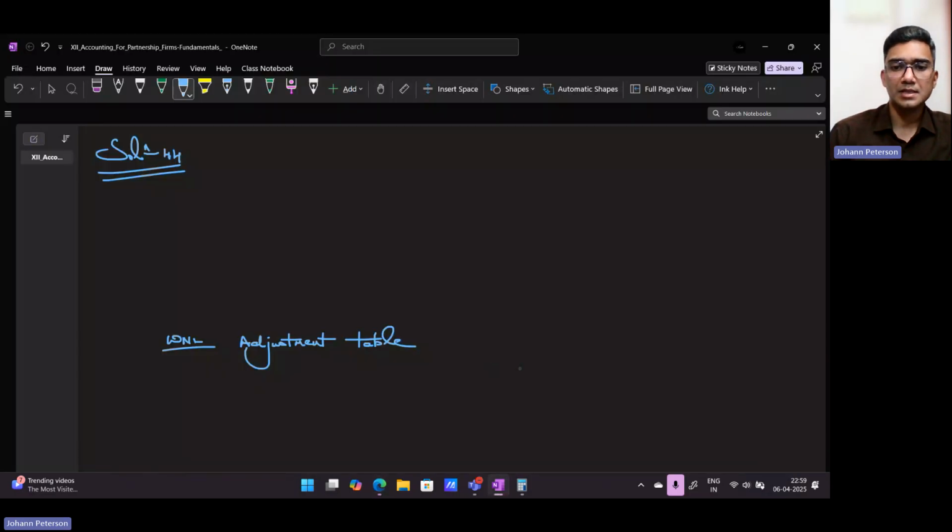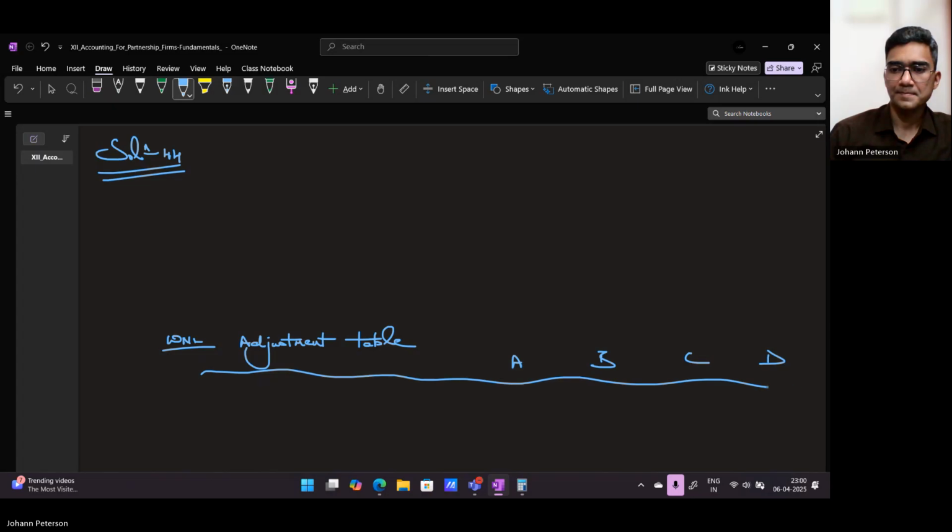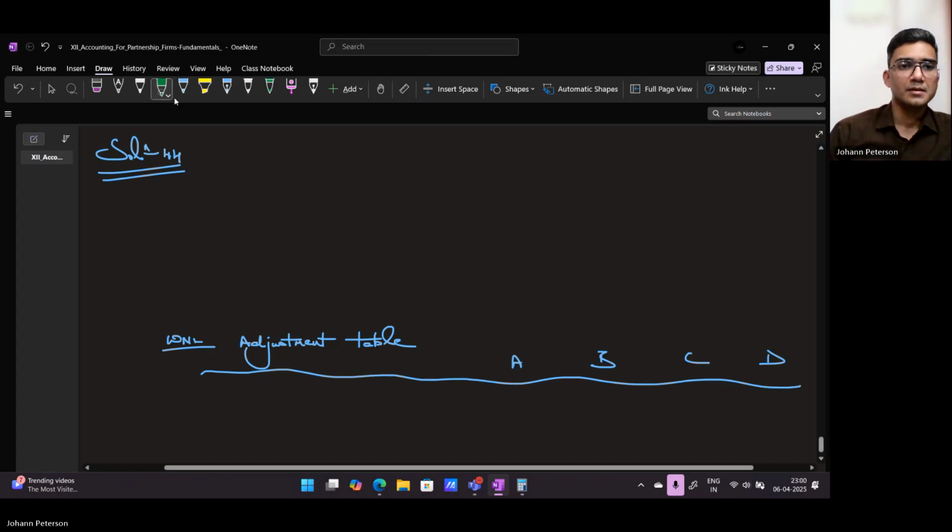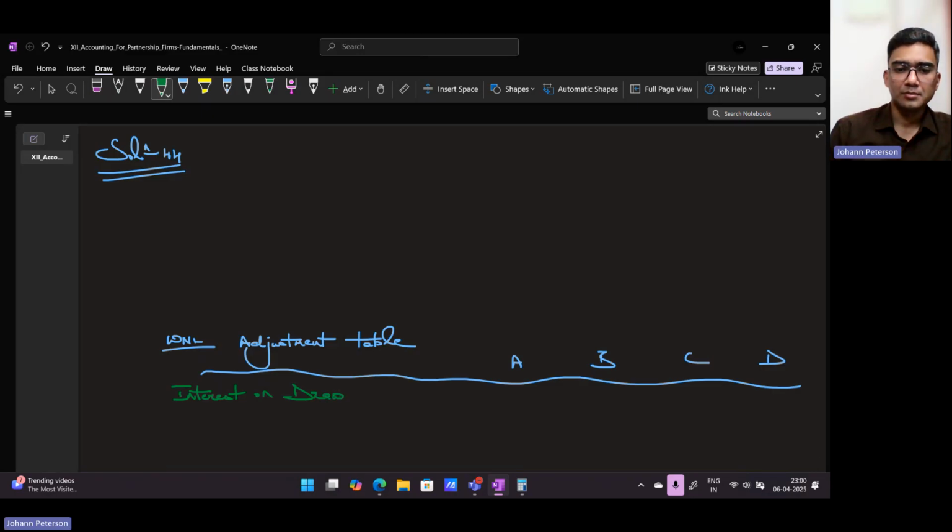Four partners, A, B, C, and D. Same as before, we will think about interest on drawings now.